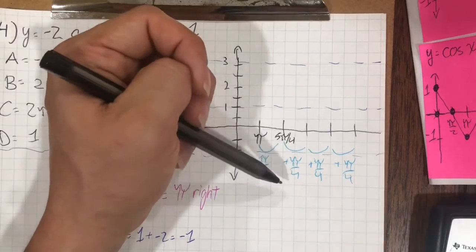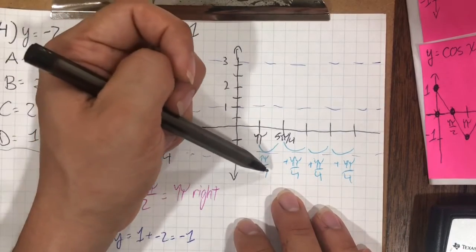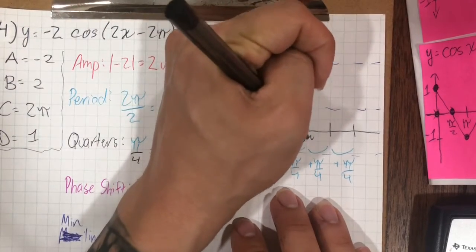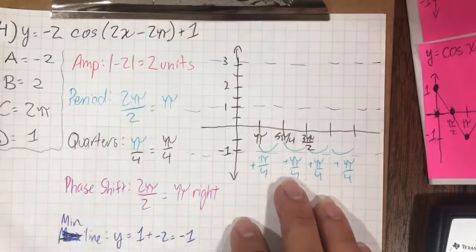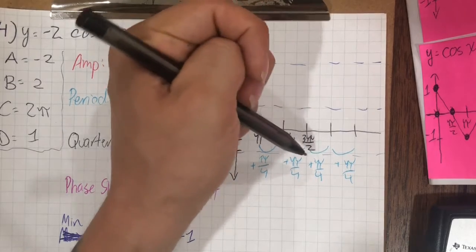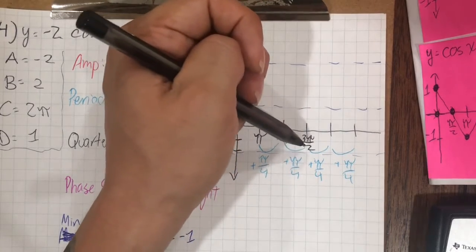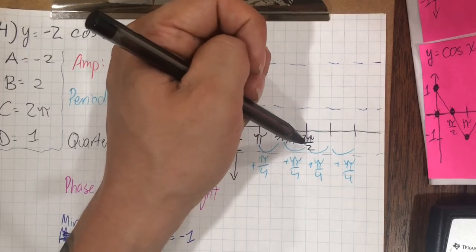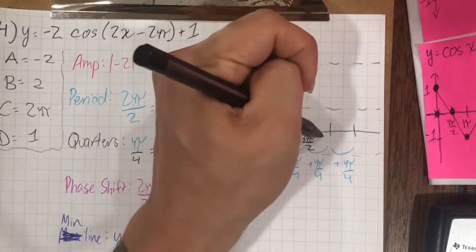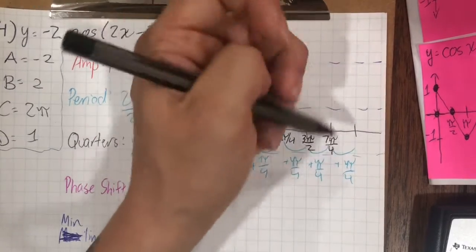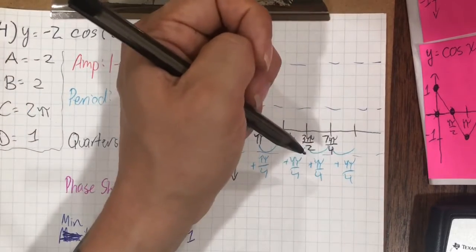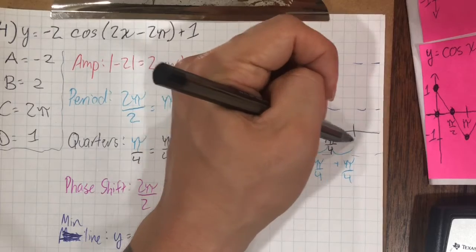Luckily, the denominators are the same, so I end up with 6 pi over 4, and if you simplify 6/4, it becomes 3 pi over 2. Then I add pi over 4 to 3 pi over 2. I would change 3 pi over 2 to 6 pi over 4 to make the denominators the same, and 6 pi over 4 plus pi over 4 would be 7 pi over 4. Then I add 7 pi over 4 to pi over 4. It would be 8 pi over 4, which simplifies to 2 pi.